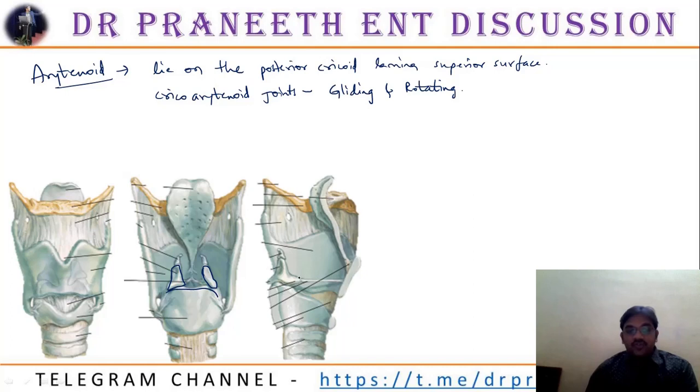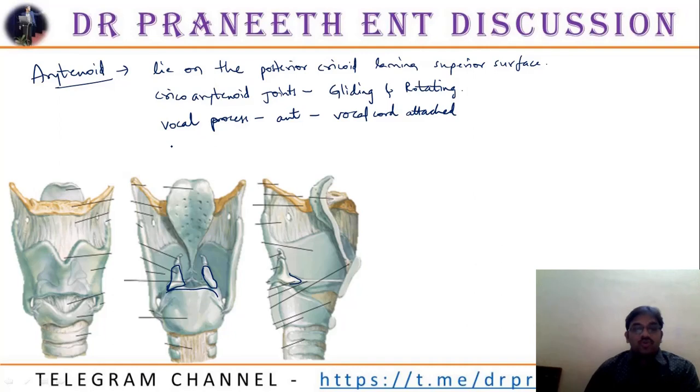If you see from the mid sagittal view, these arytenoids have anteriorly a vocal process, and posterolaterally they have a muscular process. So they have a vocal process anteriorly to which your vocal cord is attached, right?